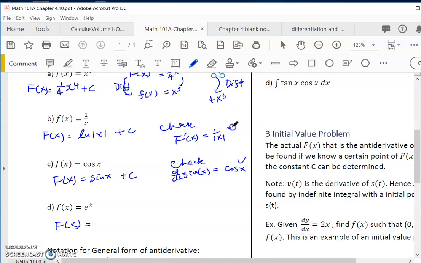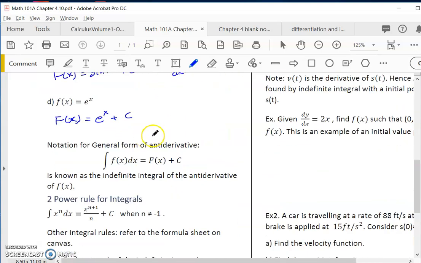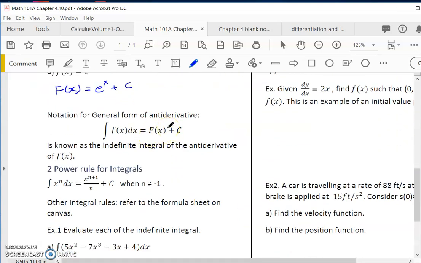So what is the original function so that when I do the derivative it is e of x? Of course it's e of x, but plus c. Okay, so it's very easy. It's kind of like a division. If someone asks you 63 is 9 times what, like that. Okay, it's the opposite of something that you have known.